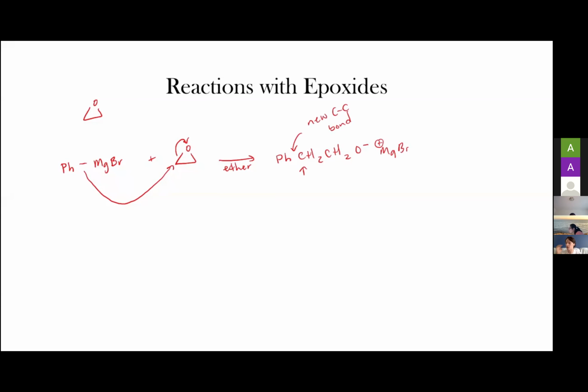So just to complete the reaction, we have the Ph-CH2CH2O minus, and MgBr plus. And so we react that with dilute acid, and then we will protonate the oxygen.